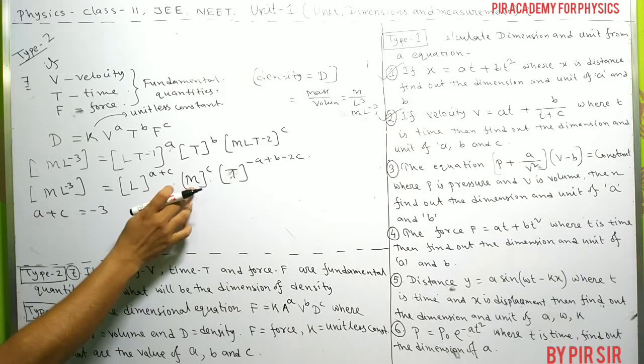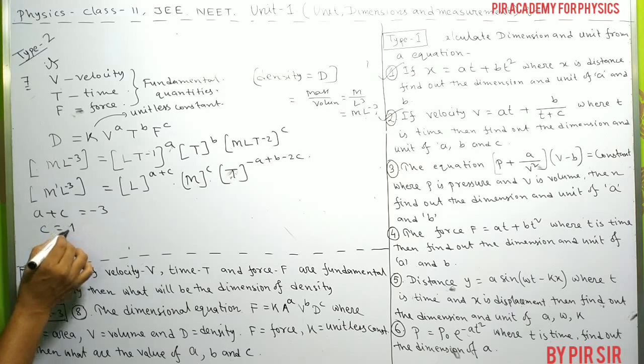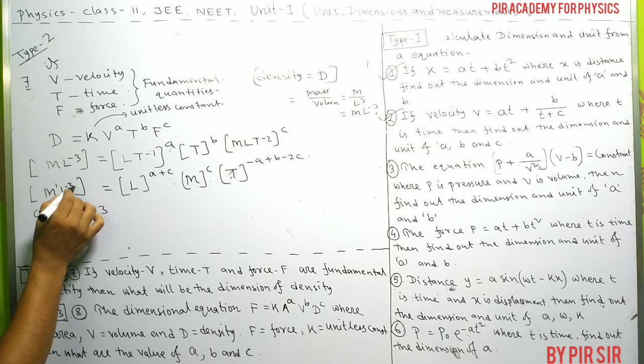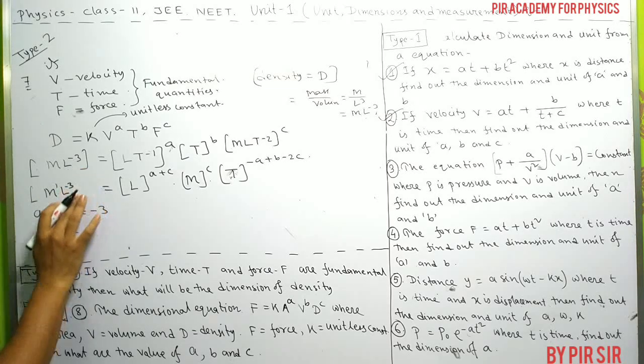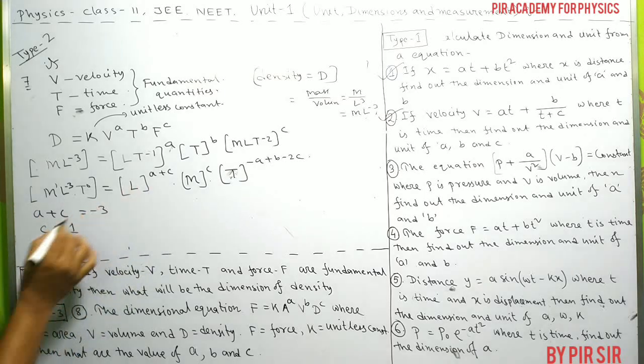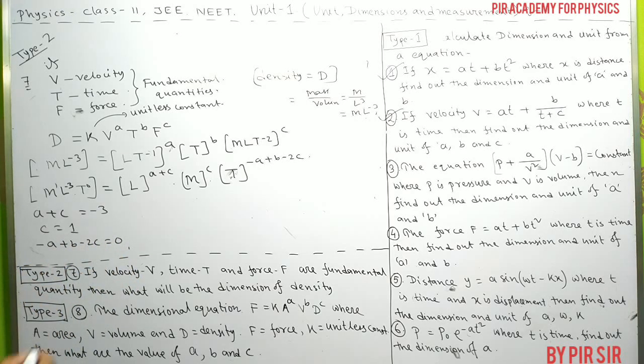Here the power of M is C, and on this side the power of M is 1, that means C equals 1. And for T, the power of T is 0, that means minus A plus B minus 2C equals 0. There are 3 equations.